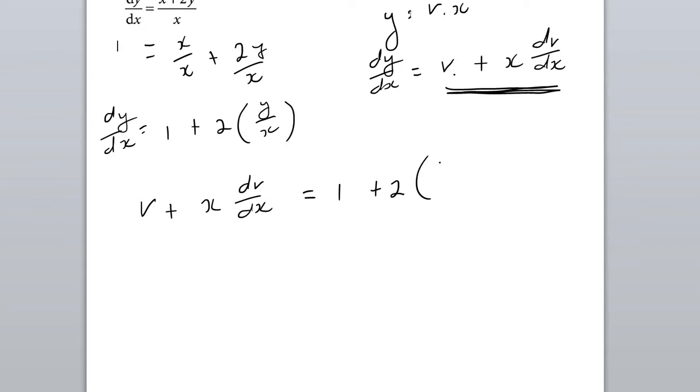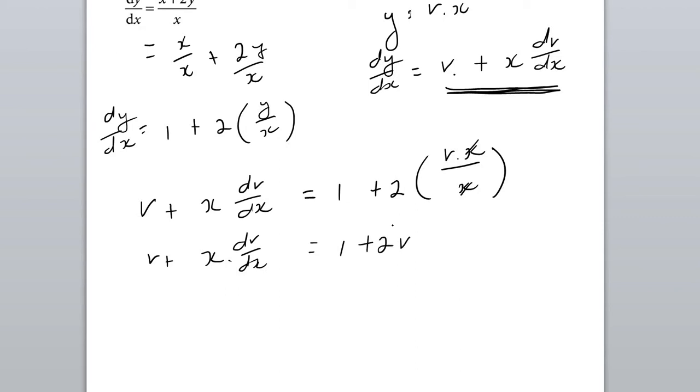So instead of y, I'm going to say v times x, so v times x over x. So I have replaced y with vx, and x over x, of course, is going to give me 1. So therefore, I actually have v plus x dv/dx is equal to 1 plus 2v.